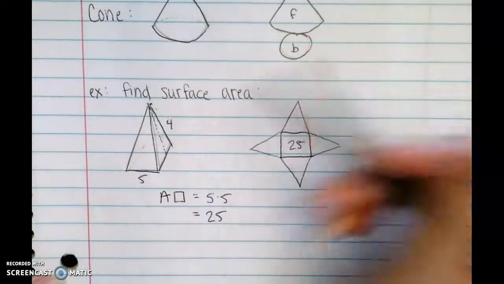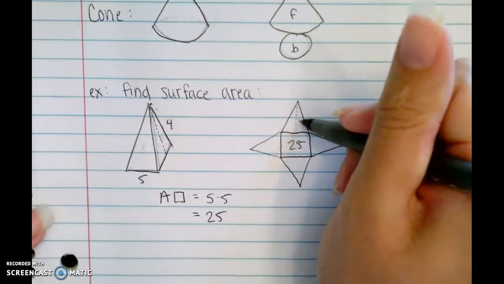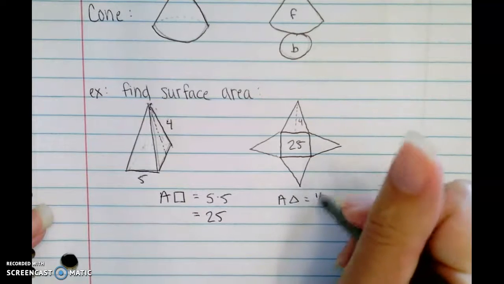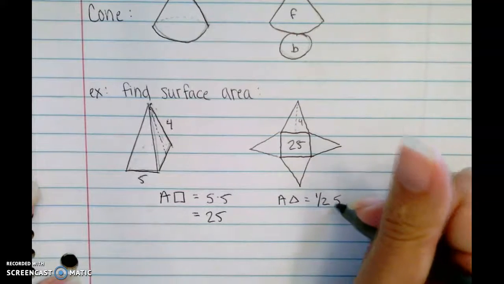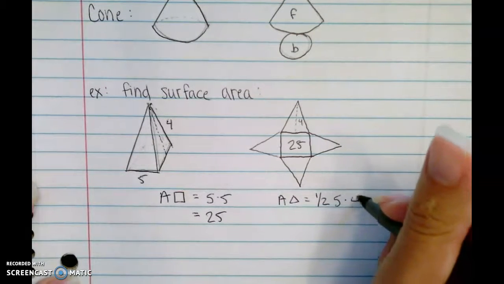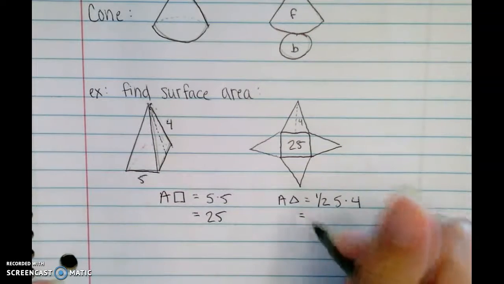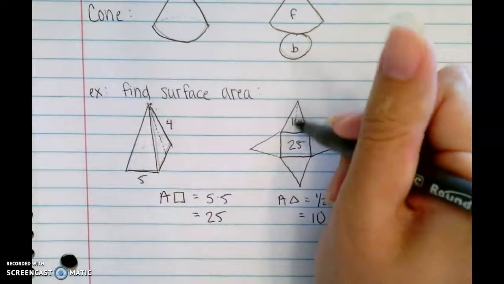If we know the height of the triangular face is 4, we know that the area of a triangle is half base times height. So it would be half of 5 times 4. And that would give us 10. So we know each triangular face is 10.